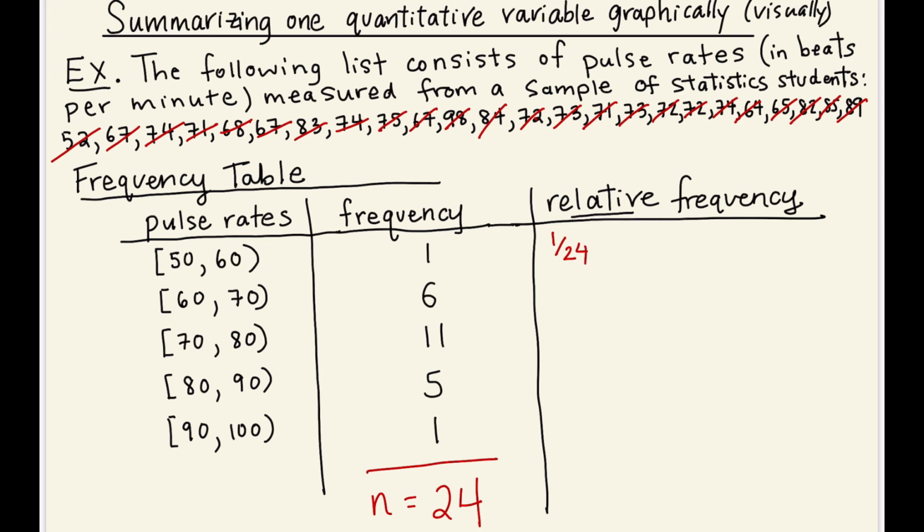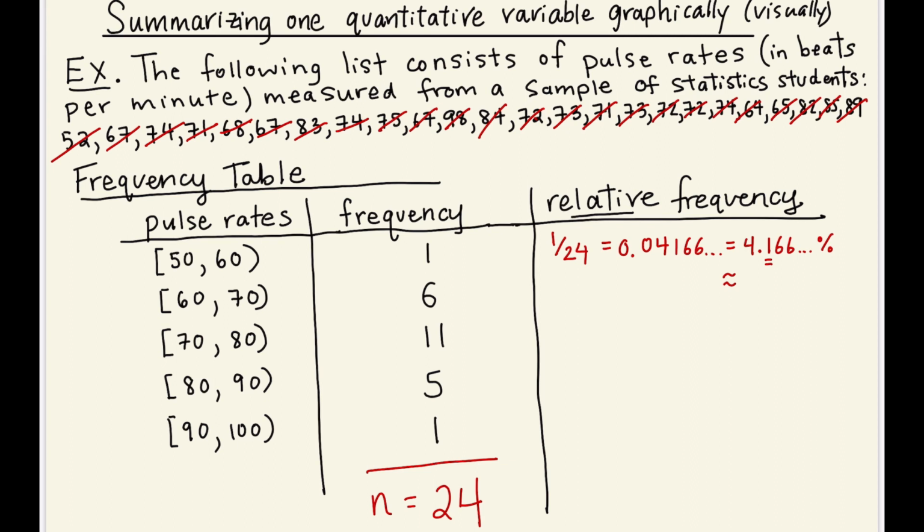And 1 divided by 24 is equal to 0.04166, and then the 6's continue. So this is equal to 4.166%, which is approximately, so I'm going to round this to 1 decimal place.